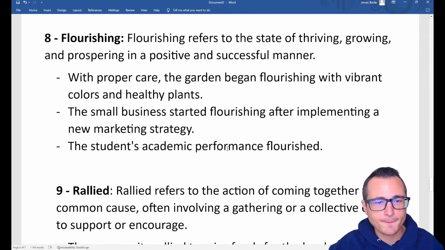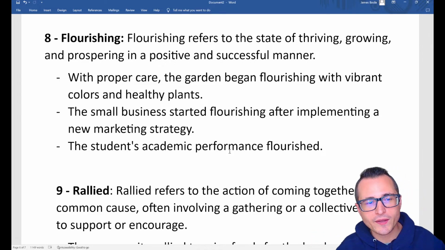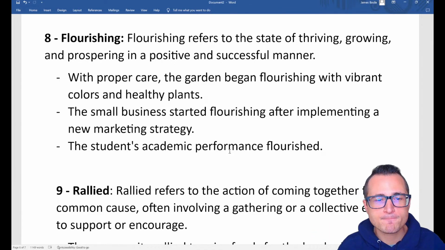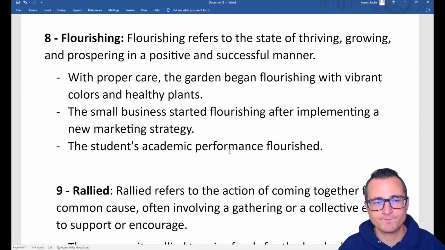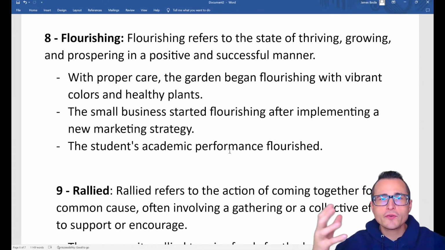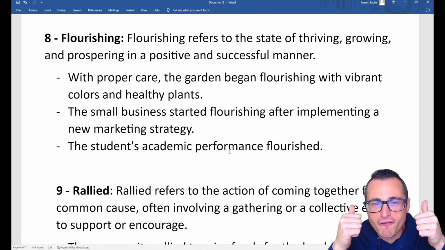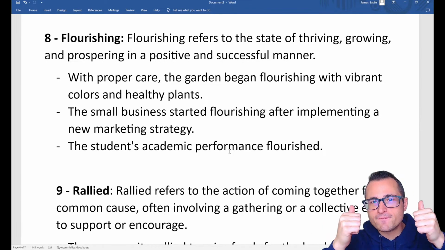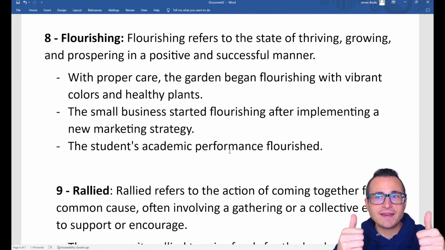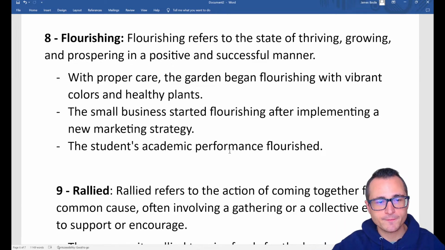Flourishing is next. Flourishing refers to the state of thriving, growing, prospering in a positive and successful manner. So something that flourishes is doing very well. Something that flourishes is very positive and it's getting better and better.